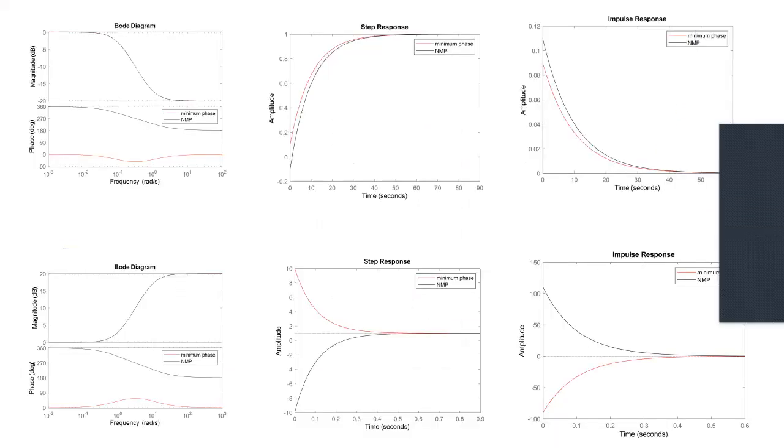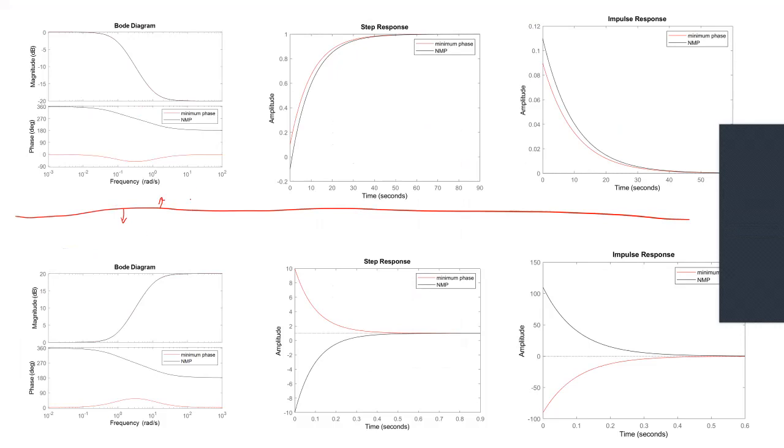From this, you can see that we have different systems here. You cannot see it very well, but I'm going to draw this one for you. This is one system, and this is another system.